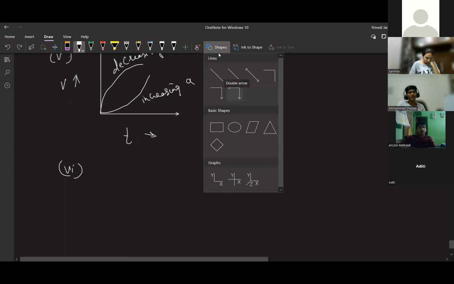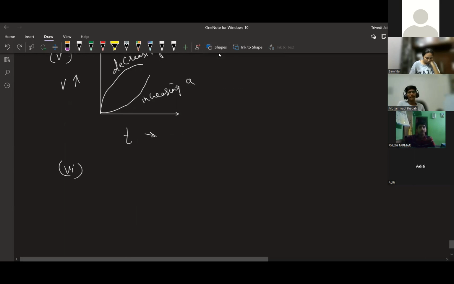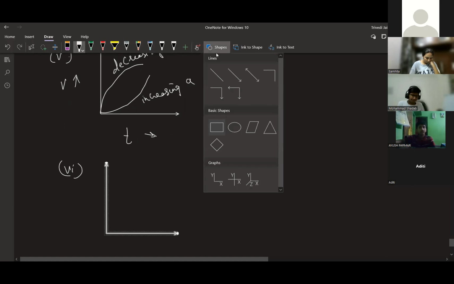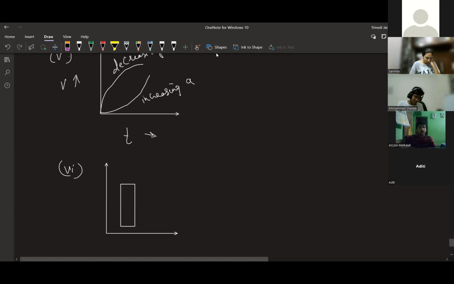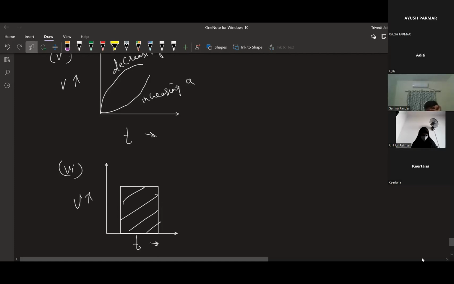Oh, any graph left? Okay, we'll draw a graph and do some numericals. Okay, what does this graph show? Anyone can give an answer? Okay, let me ask Kirtana.